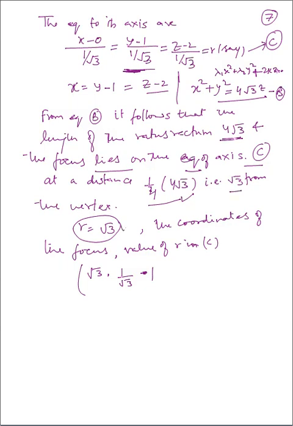Now r is root 3. We put this value in equation C, and from here we can find out x is equal to 1 upon root 3 into root 3.